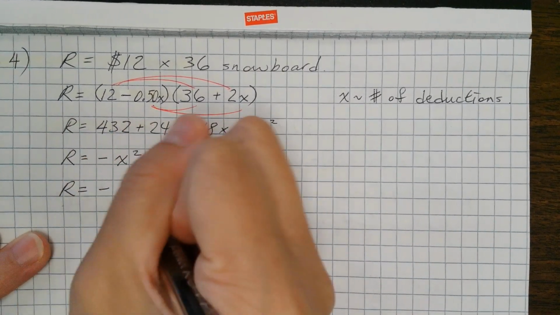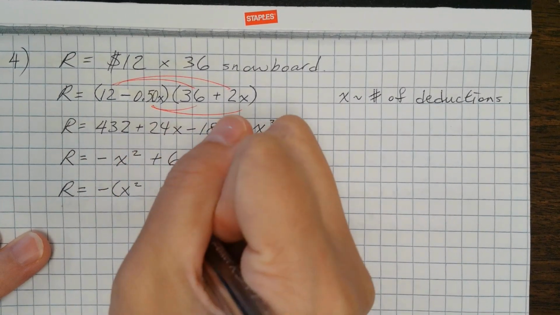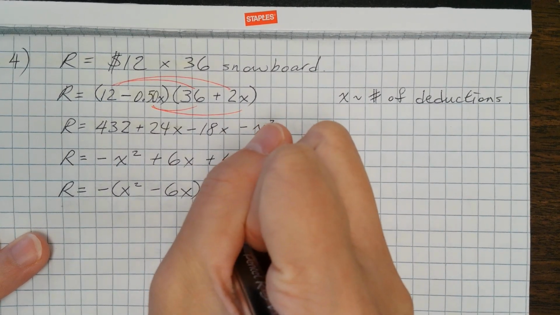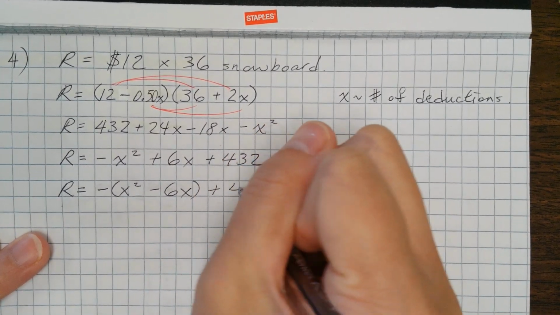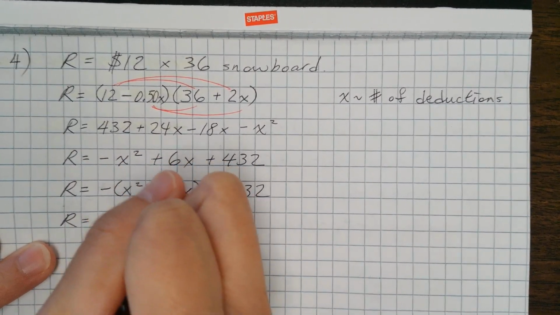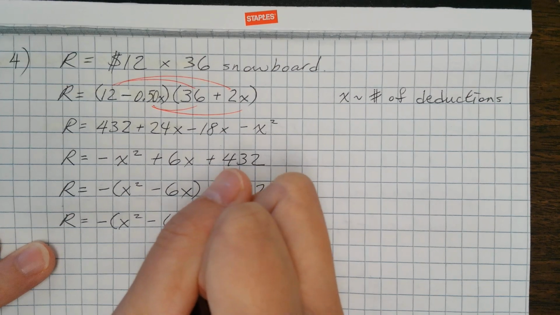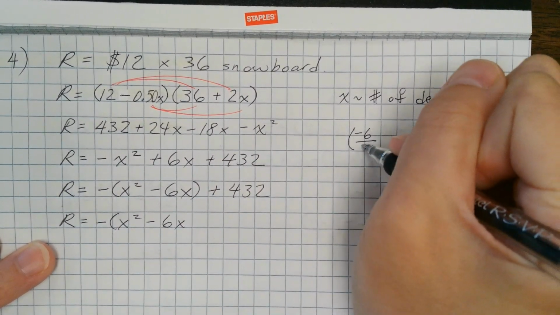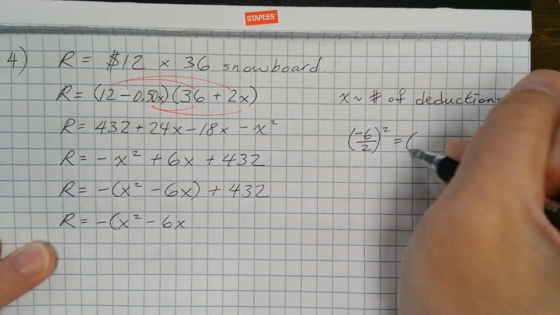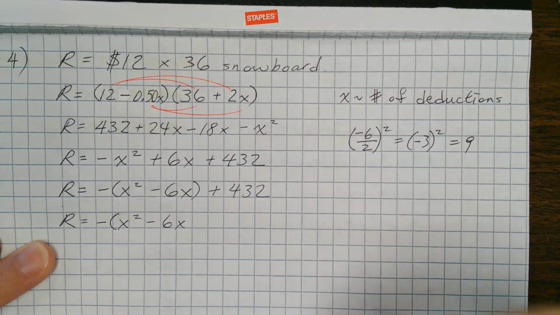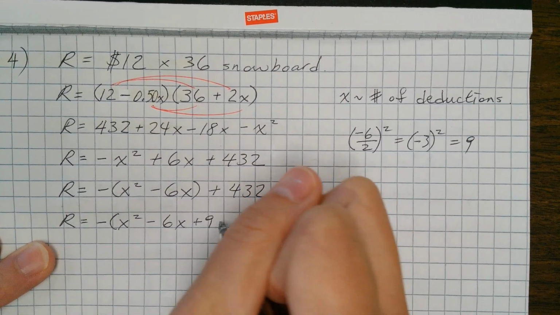So, same thing: negative x squared minus 6x, and then plus 432. Half of negative 6 is negative 3. When you square it, you get 9. So plus 9 minus 9.